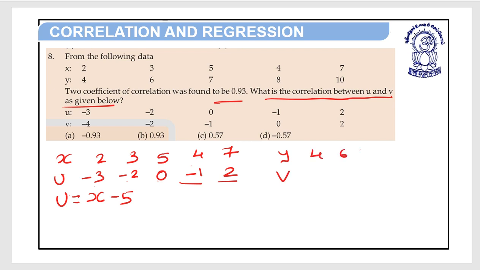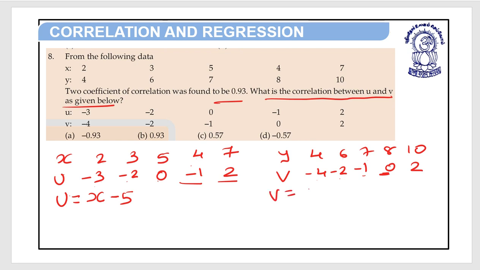Y is 4, 6, 7, 8, 10 and v is minus 4, minus 2, minus 1, 0 and 2. So the difference is 8: 4 minus 8 is minus 4, 6 minus 8 is minus 2, 7 minus 8 is minus 1, 8 minus 8 is 0, 10 minus 8 is 2.